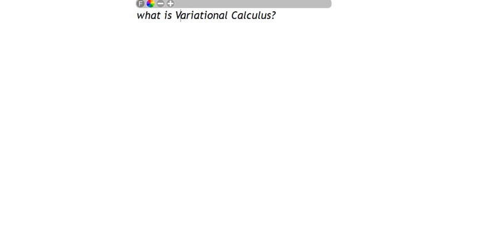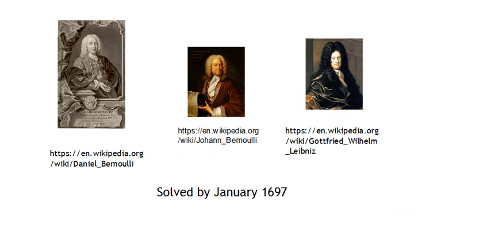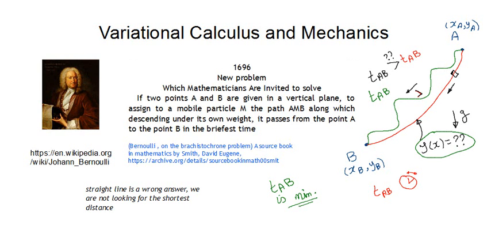So to answer this question, I would like to postpone some more mathematical details, and I would like to provide some more explanation about the problem posed by John Bernoulli. The problem, by the way, is termed the Brachistochrone problem.